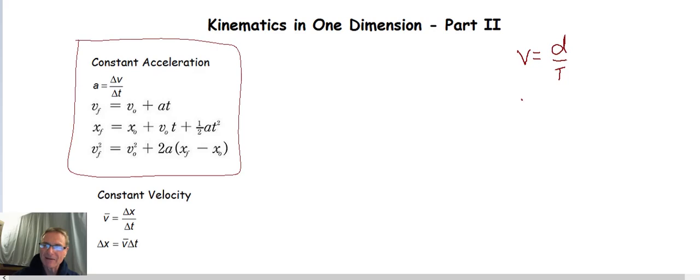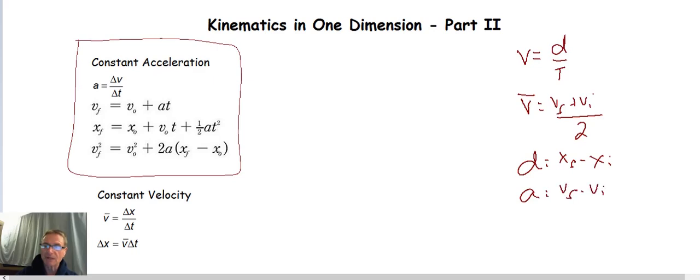Average velocity is equal to v final plus v initial divided by 2. Displacement, d, is equal to x final minus x initial. And of course, acceleration equals v final minus v initial divided by t. Okay, so those are the basic equations that we started with in the last session.